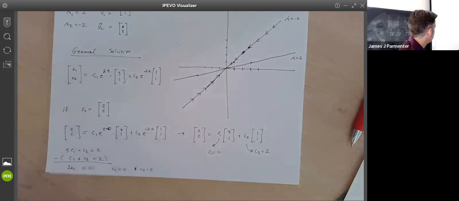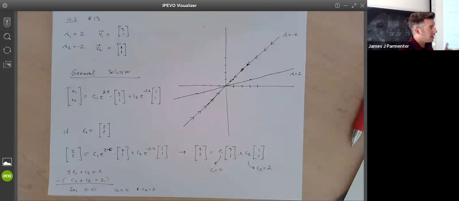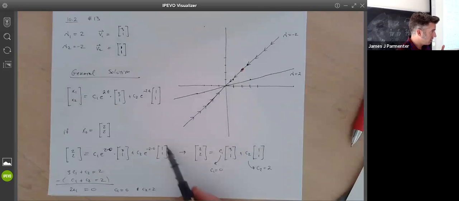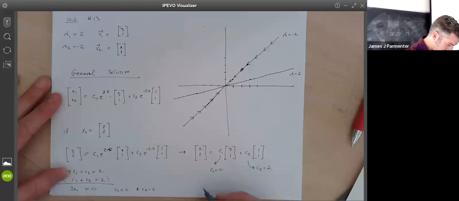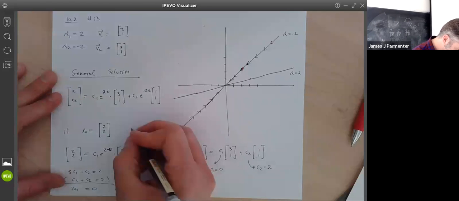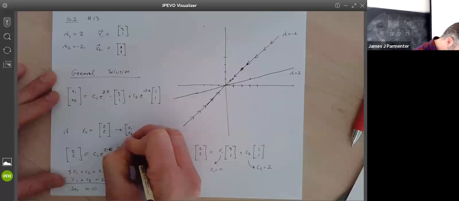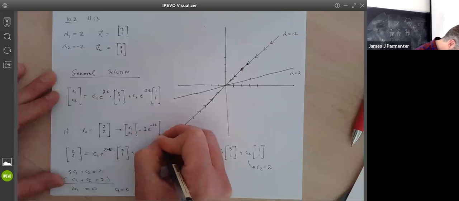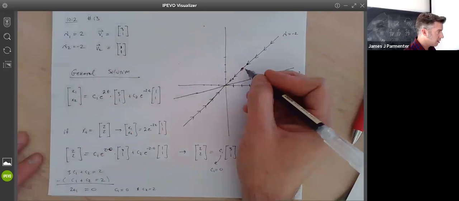But basically, the idea is that if your initial condition is starting on your eigenline, then that eigenvector is the only thing that's contributing. So starting here, our particular solution is that x1, x2 equals 2e to the -2t times 1, 1. That's our particular solution if we start right there.